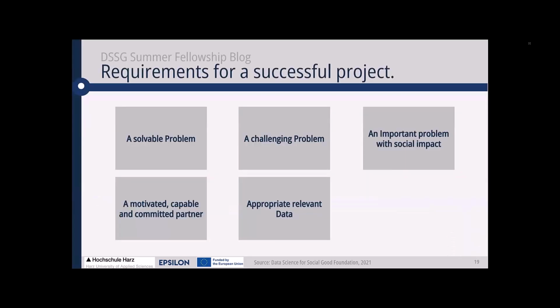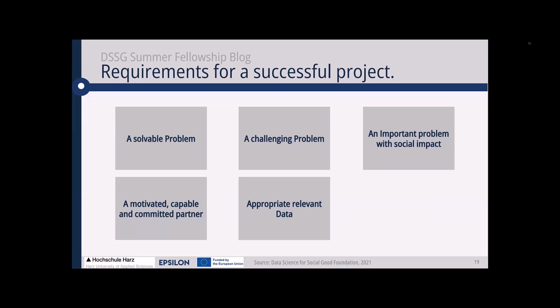When it comes to the requirements for a successful project, Data Science for Social Good defined 5 points that should be addressed. You need a solvable problem. You also need a challenging problem, an important problem with a social aspect. You need a motivated and committed partner who is capable of understanding what you're doing there. And most importantly, you need appropriate, relevant data.